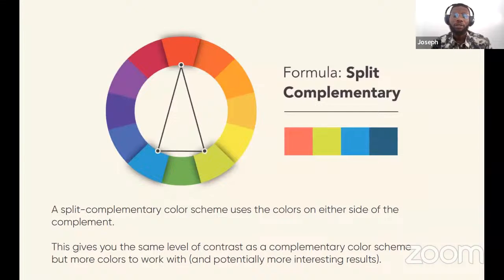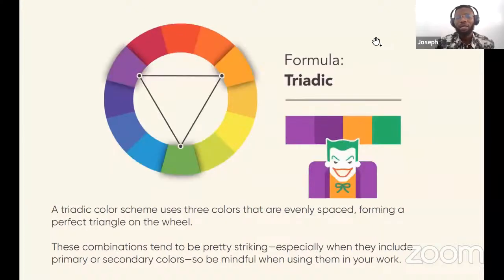Split complementary is just a different triangle that complements on opposite sides as well. Triadic is a perfect triangle. So if this triangle rotates to any other place on the page, same thing, you get another set of colors.